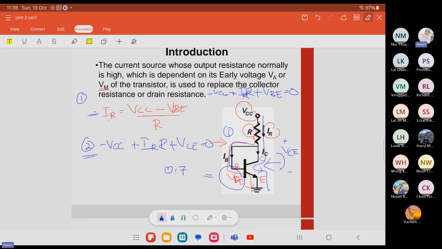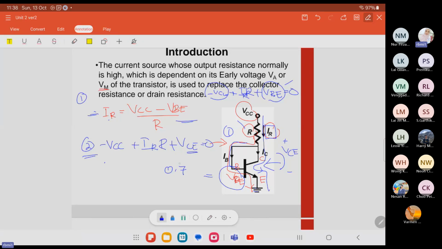So for this equation, we know the value of VBE, and VCC we already know. R is given, but we do not have the value of the current. So we can use this first equation, the red equation. For the second equation, we do not know the value of VCE.